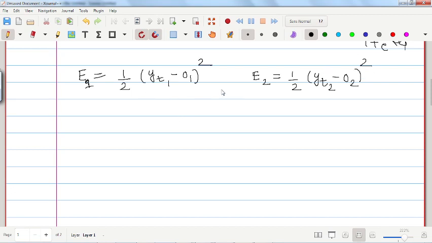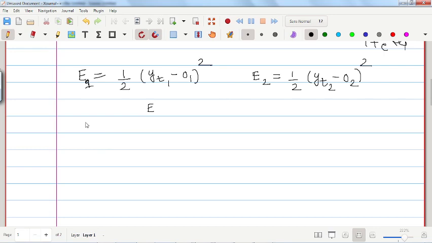The average of these two is the error E. Separately we are considering both of these errors, which contribute to the final error E. So let us consider E separately for the first and second output.